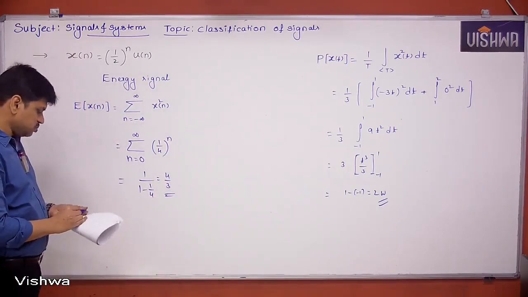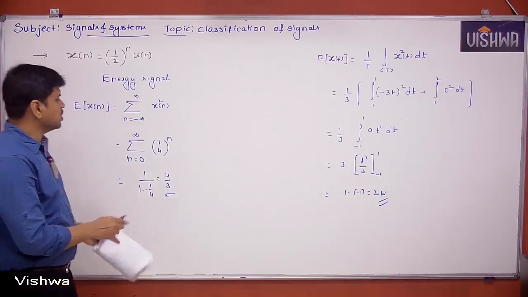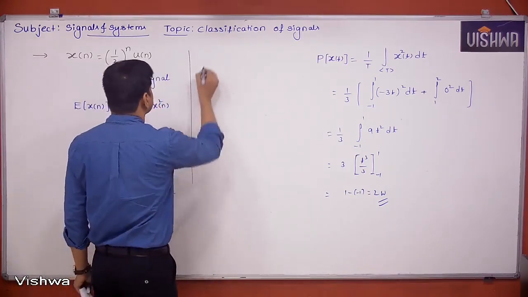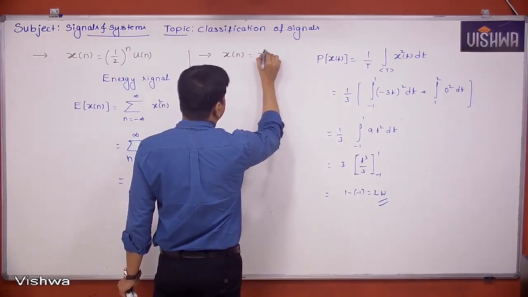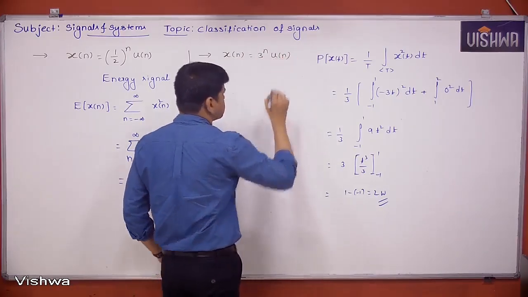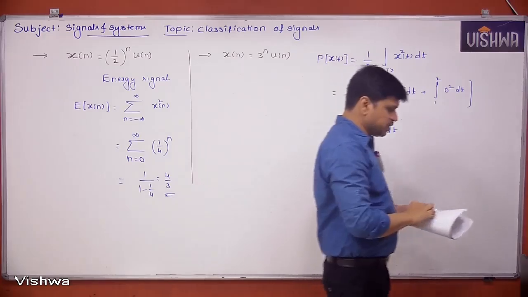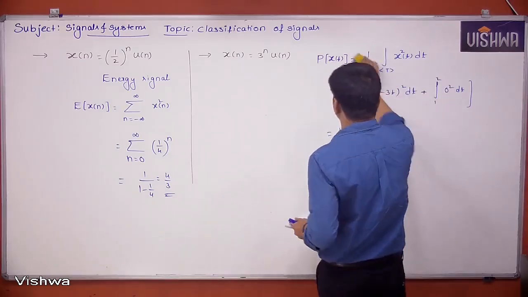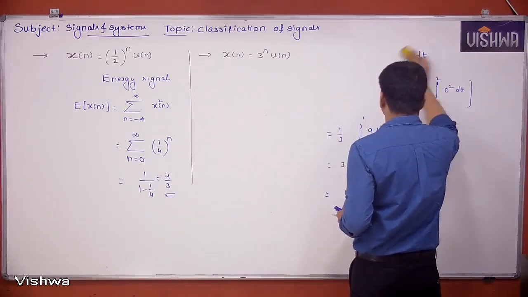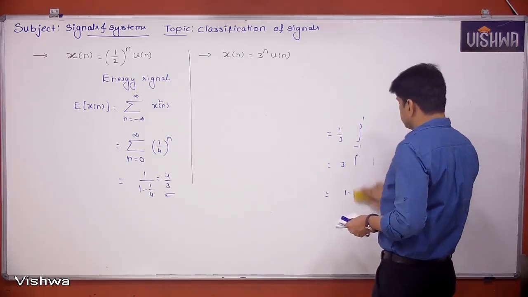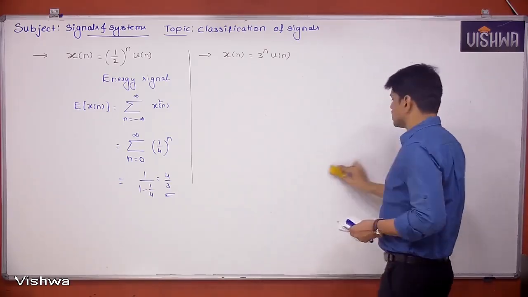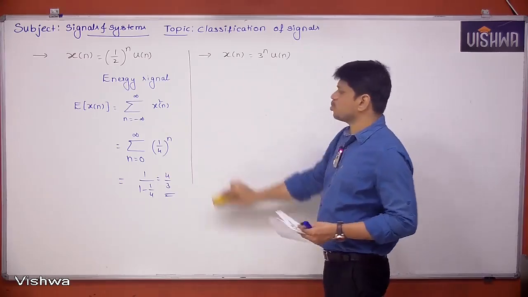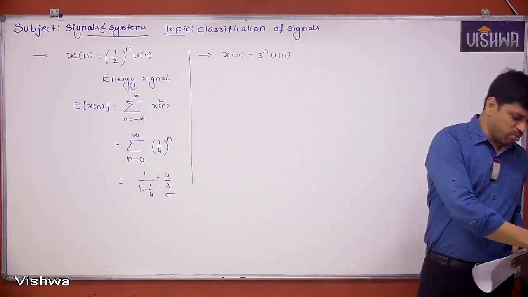Okay. If I give in the same way, what is energy of x of n is equal to 3 power n u of n? First of all, energy is infinity, power is also infinity. Why, sir? Because it is neither energy nor power signal. How can we say it is neither energy nor power signal? Because it is growing exponential and it is going to be an unbounded function.